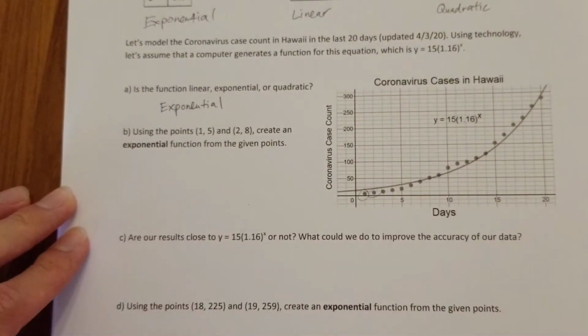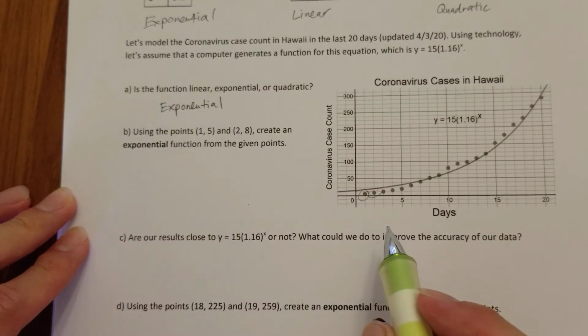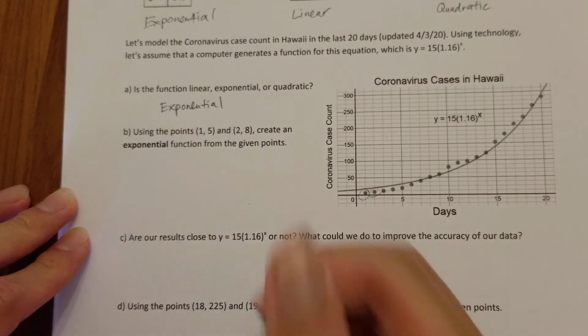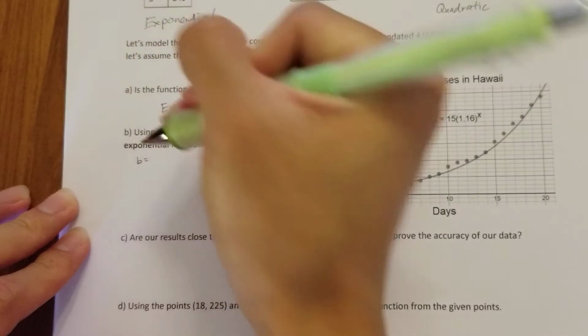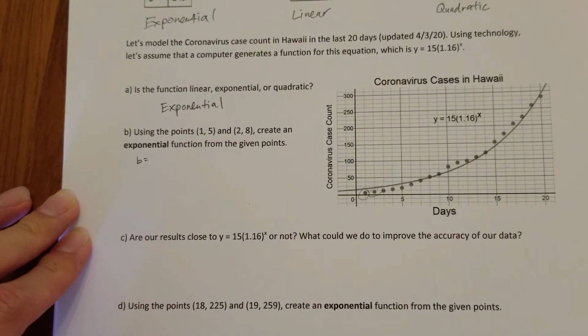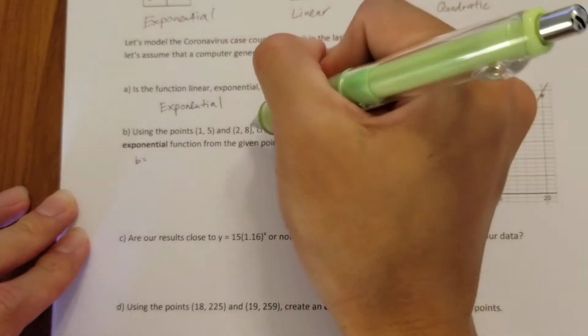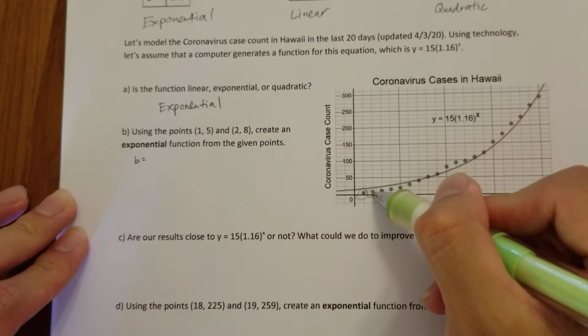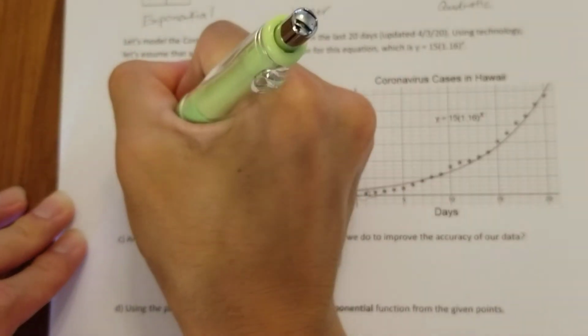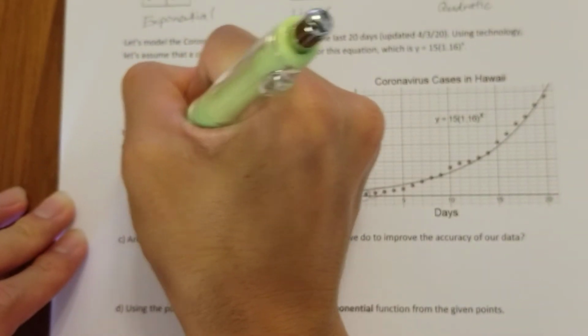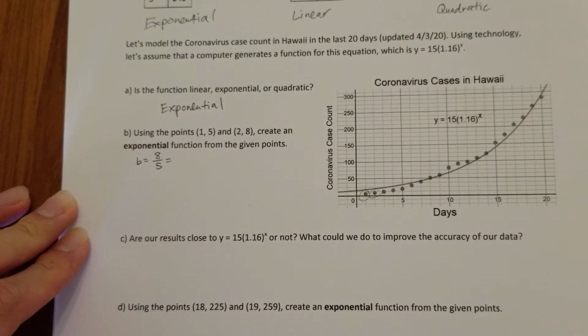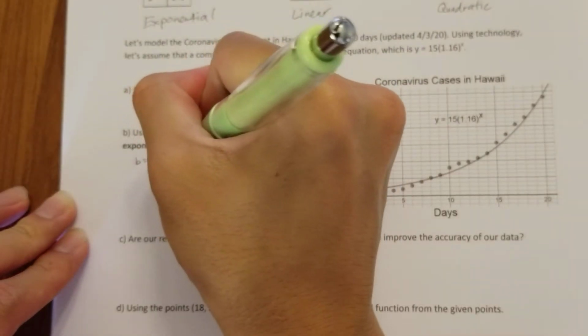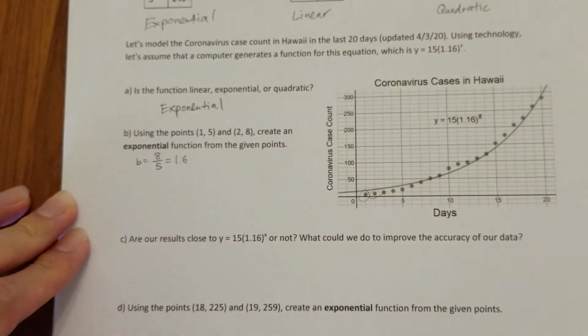What we need to do first is find our common ratio. If you paid attention to the video before this, you take the second y value and divide it by the first. So it's going to be 8 divided by 5, and that's going to be 1.6.